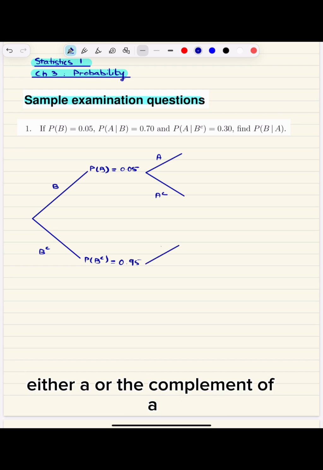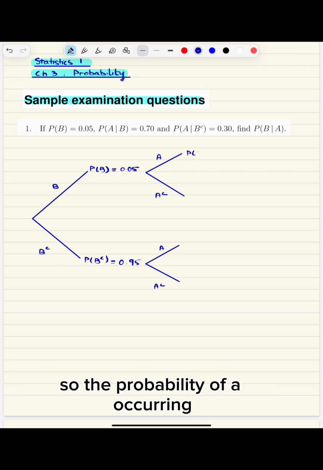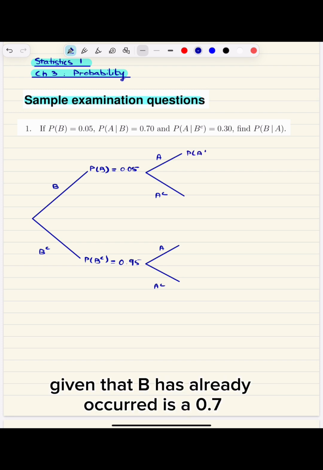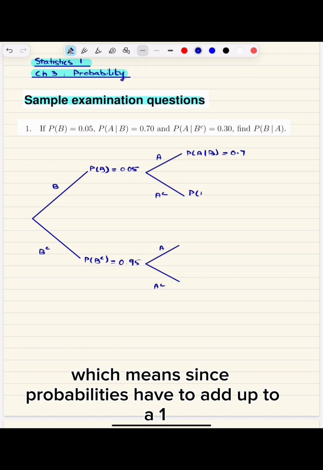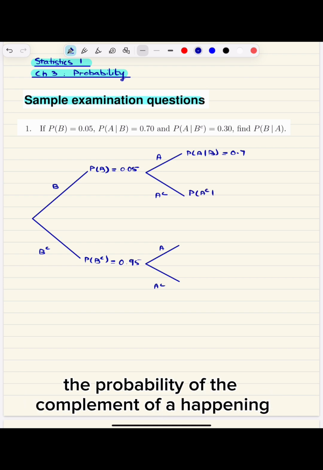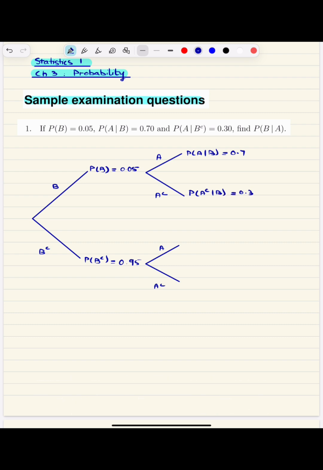Either A or the complement of A. So the probability of A occurring given that B has already occurred is 0.7. Which means since probabilities have to add up to 1, the probability of the complement of A happening provided that B has already happened will be 0.3.